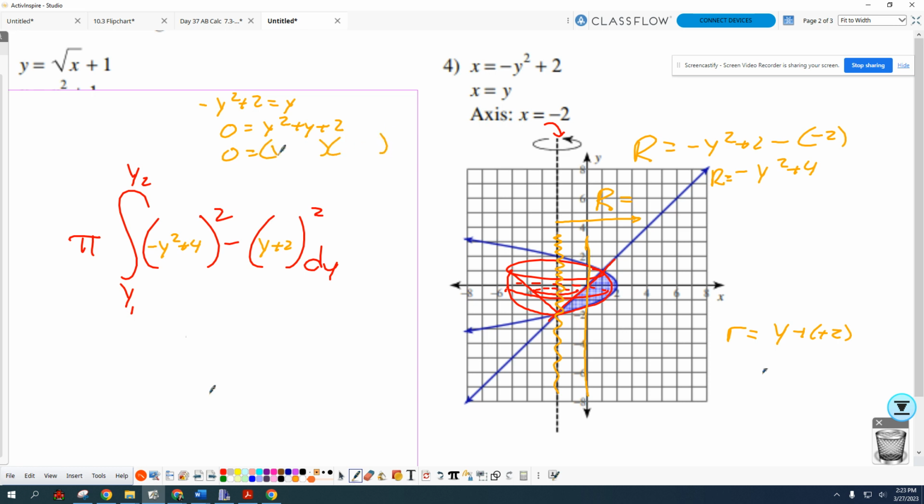Negative y plus 1 and y plus 2. Is it a -2 and a +1? It's a positive 2 and a negative 1.